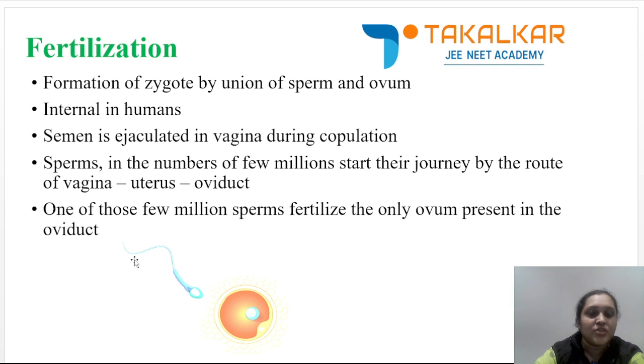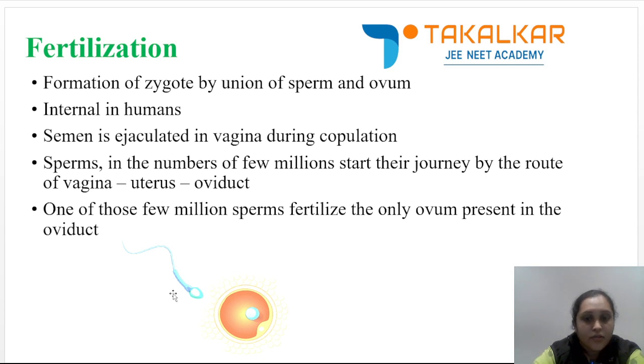Fertilization. So, what is fertilization? When the sperm fuses with the egg, where does it happen? It happens in the oviduct of the female reproductive system. So when the egg is fertilized by the sperm, the zygote is formed. This process is called internal fertilization as it occurs inside the female reproductive system.